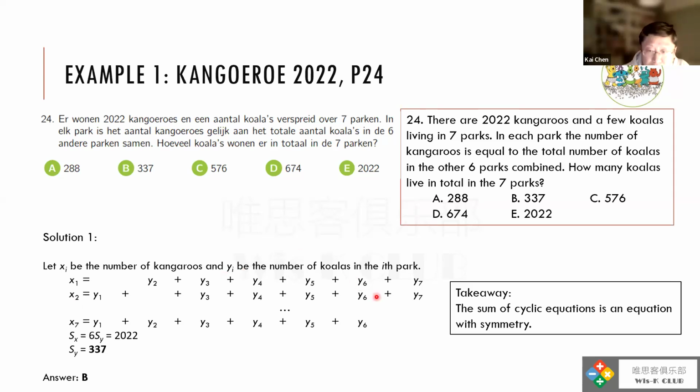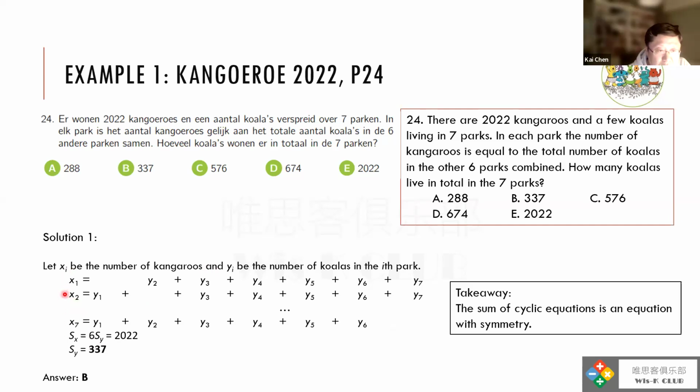The main takeaway here is you might be able to observe these equations are kind of symmetric. Especially on the right, you see it is listed like a square, but of course a diagonal is missing. The diagonal of y1, y2 to y7 is missing, but for the rest it's a square. So I'm just thinking, add them up.